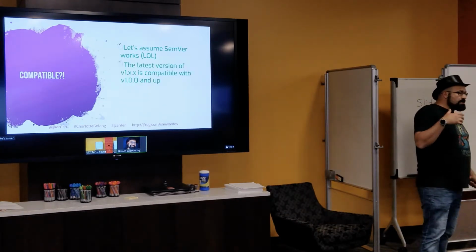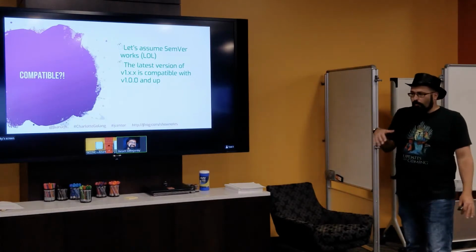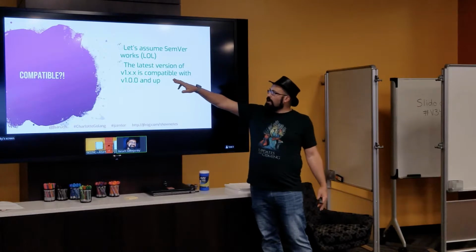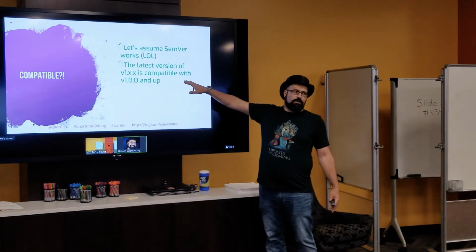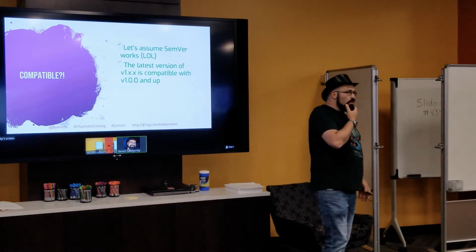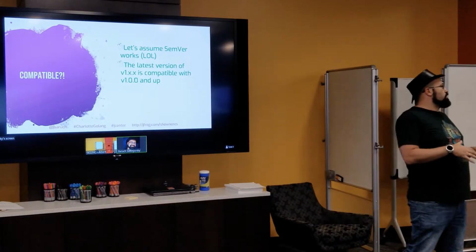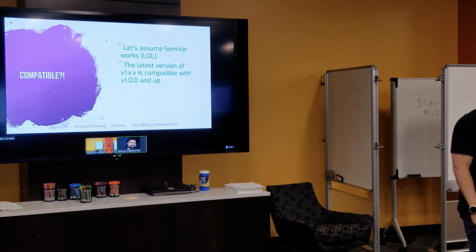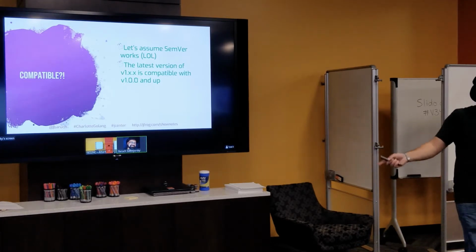And that means that we make the assumption that the latest version of 1.x.x is compatible all the way to 1.0, which is how semver is supposed to work, but we know in real life that it's not always that way. And this is the heart of the debate between Sam and Russ about whether we should assume that or not.